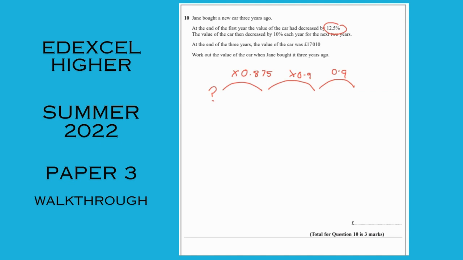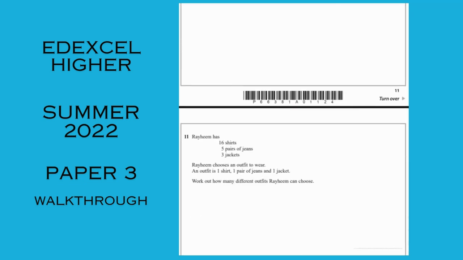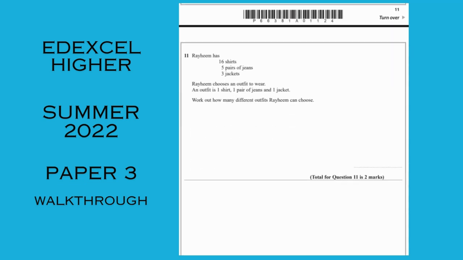So it's treble reverse percentages. So on your calc, start with the final amount and do it in reverse. In other words, divide by 0.9, divide by 0.9, divide by 0.875, and you get a reassuring round figure of 24,000.